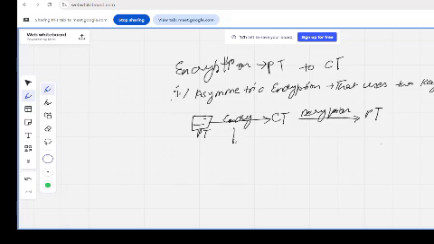So here encryption is done by which key? Can anyone tell me which key is used for encryption? Public key. Yes, very good. So the public key is used for encryption, and for decryption we will use the private key. Okay, everyone, is that clear?